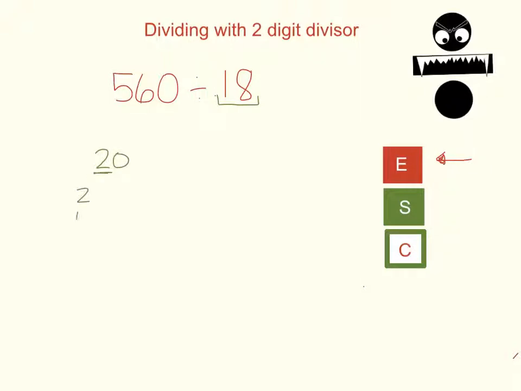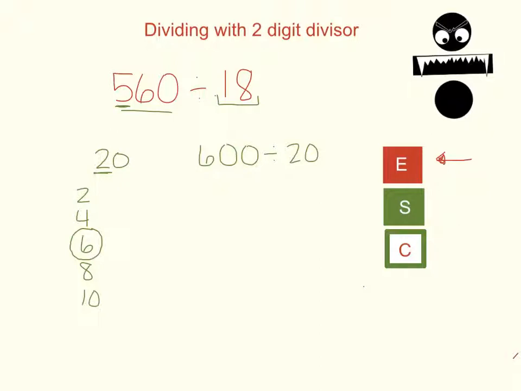So 2, 4, 6, 8, 10. And I'm not going to go any further because I noticed here that this is a 5, and I can use either 4 or 6. I'm going to use 6. So my new problem for my estimate is going to be 6, and I need 2 zeros because it's a 3-digit dividend here, divided by my new rounded divisor.